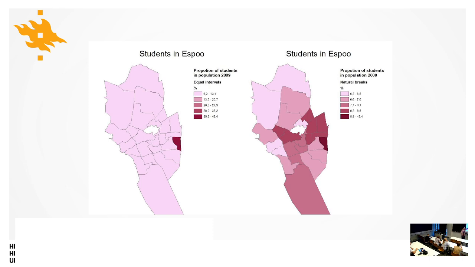So if you just look at this, what you understand is super different than what you see on the right map. The only difference is that the classification is very different. So the classification should be done properly based on your data distribution. So there is no one method that suits all your needs. You should look at the distribution of your data and see how it works.